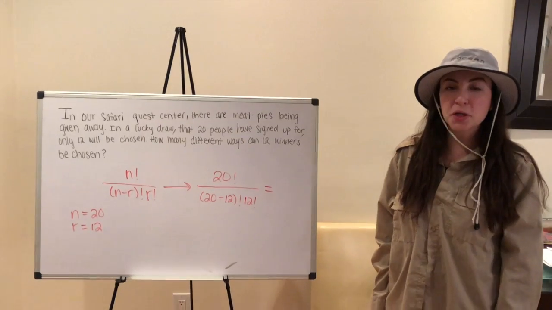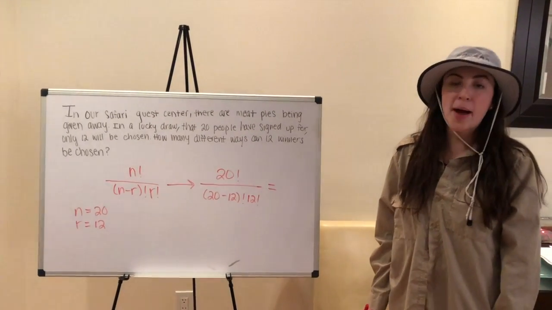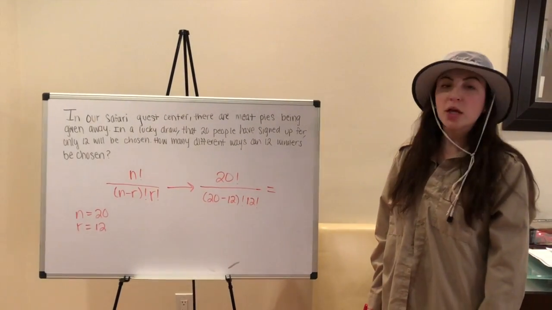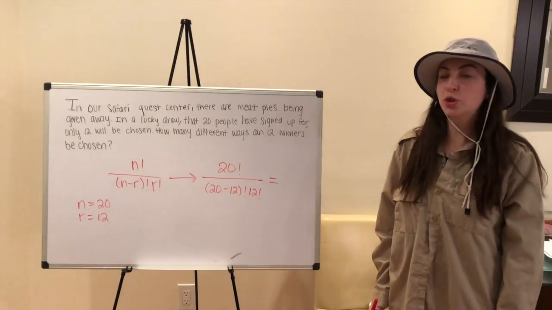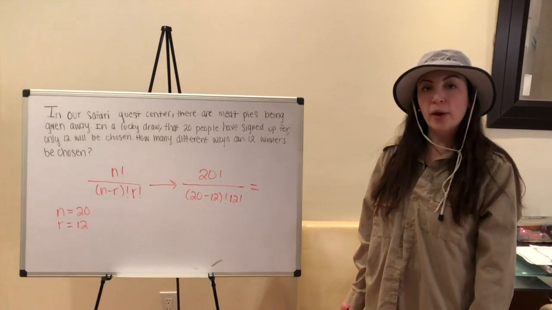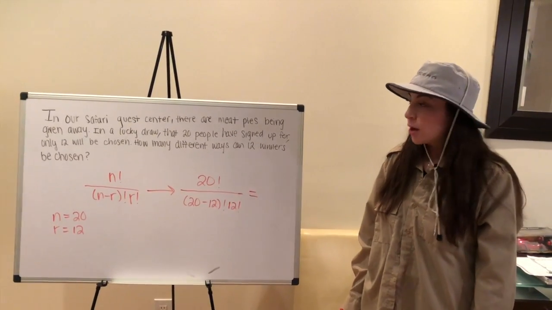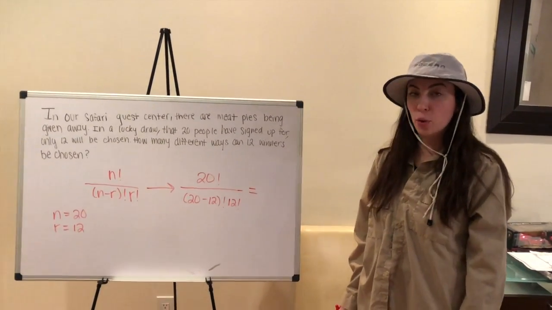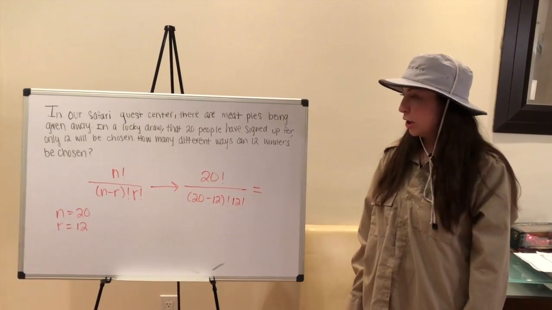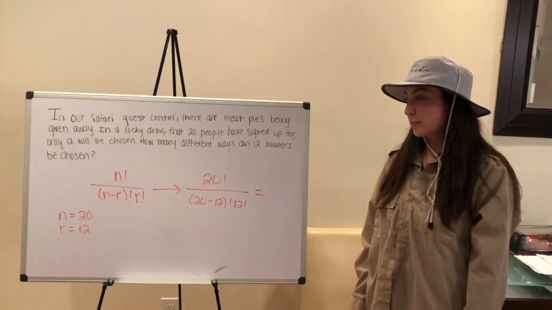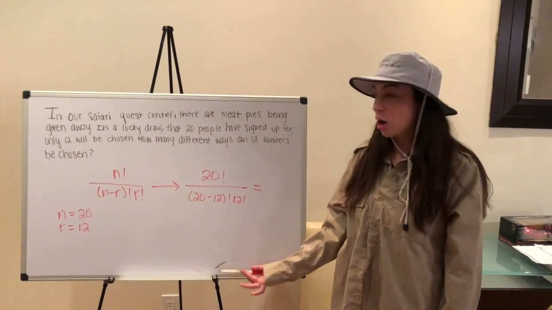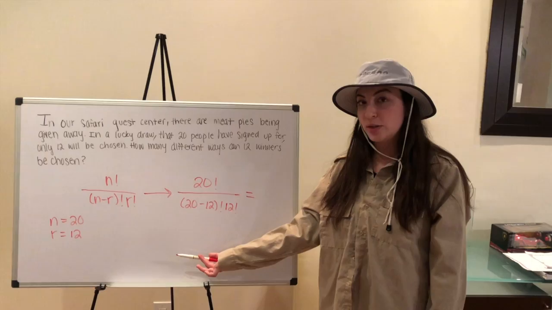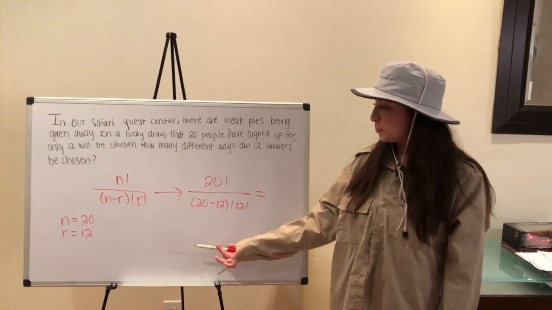For example, in our Safari Guest Center, there are meat pies being given away. In the lucky draw that 20 people have signed up for, only 12 will be chosen. How many different ways can 12 winners be chosen? We use the formula n factorial over n minus r factorial times r factorial. n equals 20, since there are 20 people that have signed up for the draw, and only 12 people can be chosen, so r equals 12.